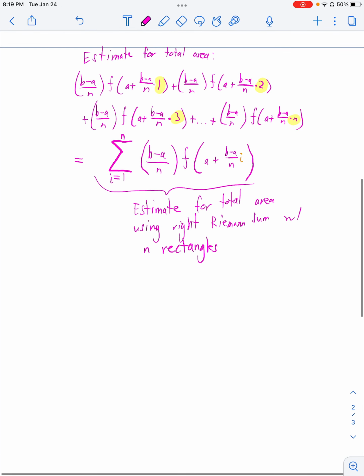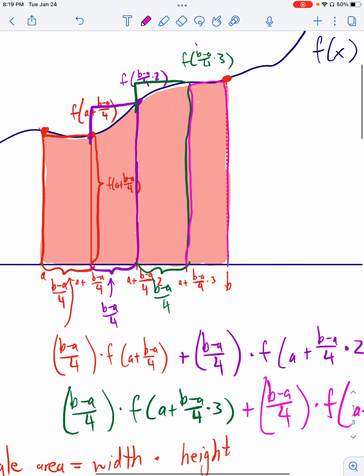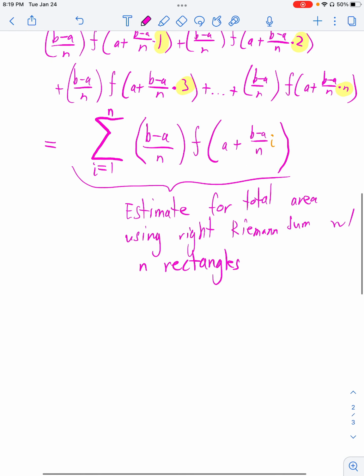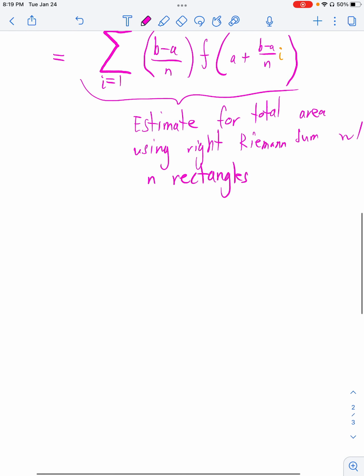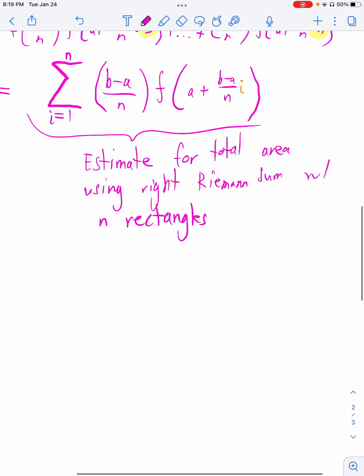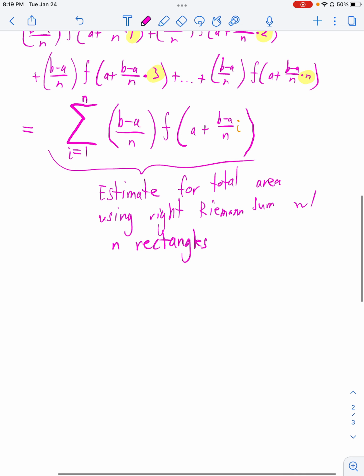So an integral in calculus gets the area perfectly. It's not just an estimate, it's an exact number for that area. So how many rectangles do we need to use to get an exact, precise number for that total area? We've got to use an infinite number of rectangles.